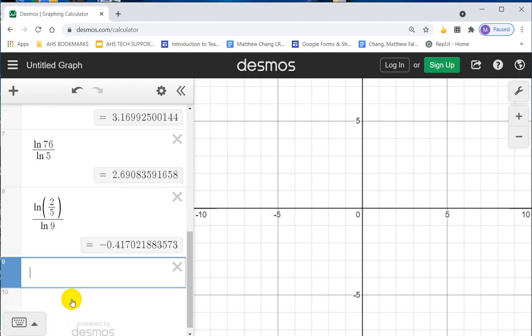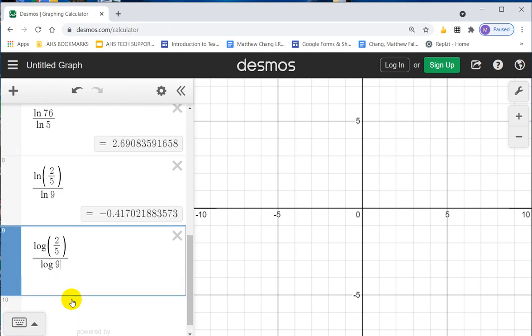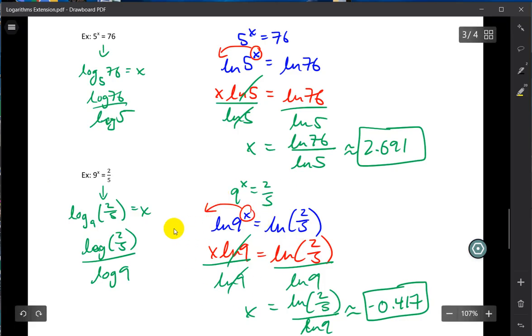So if I did log 2/5 and divide by log 9, as you can see, we get the same result. The reason is that we're changing the bases and it's consistent. Okay, so that's how you would do that one.